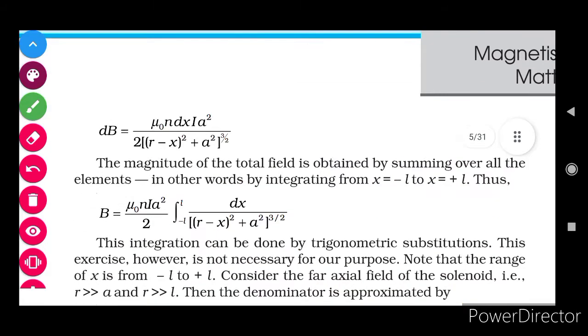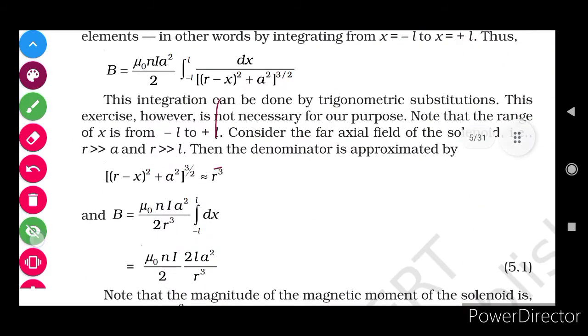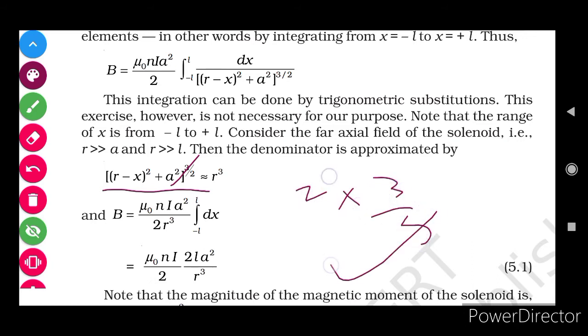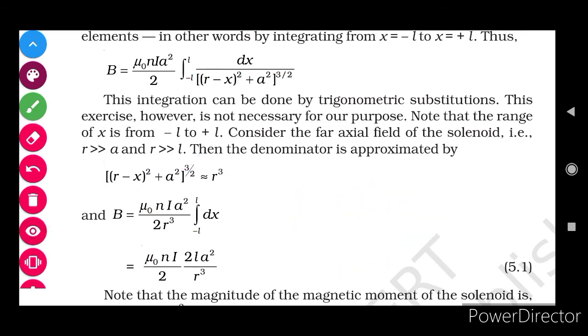So what is left here is (r minus x) whole square plus a square. So a square will be ignored, and (r minus x) square to the power 3 by 2 will be 2 into 3 by 2, that is 3, r to the power 3, r cube basically. So B is equal to mu naught n I a square over 2 r cube, and we can take r cube outside of the integration.